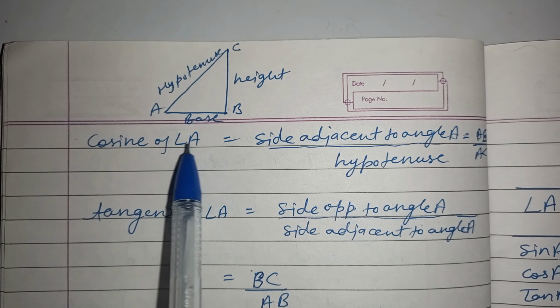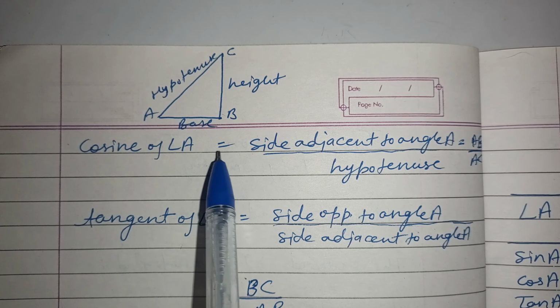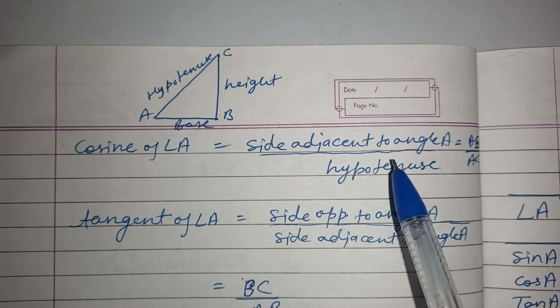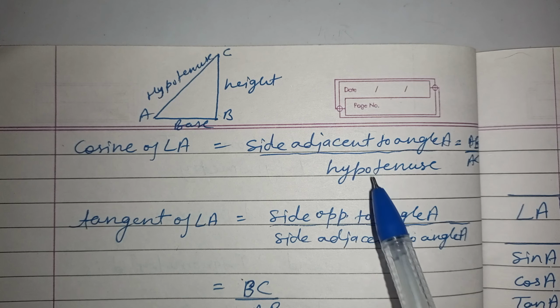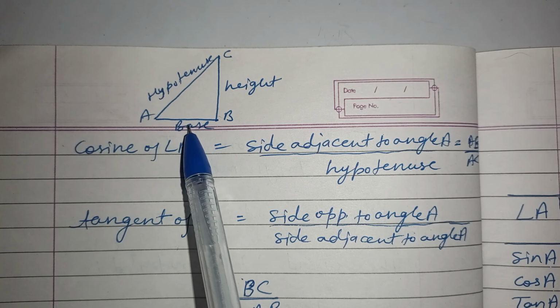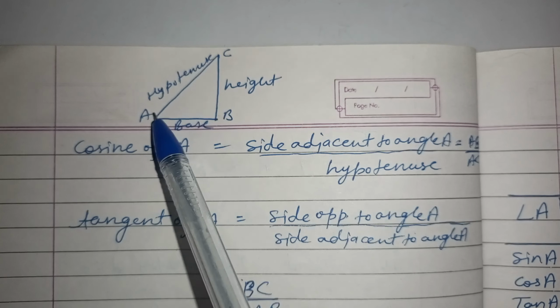Let's talk about cosine of A, which we also say cos A, which will be equal to the side adjacent to angle A upon hypotenuse. Side adjacent to angle A is the base, AB, and hypotenuse is AC.